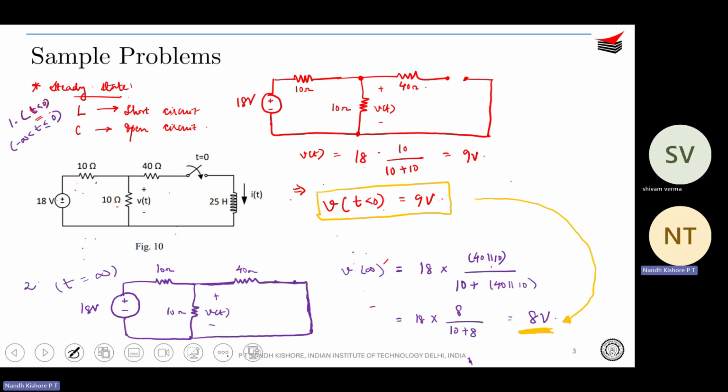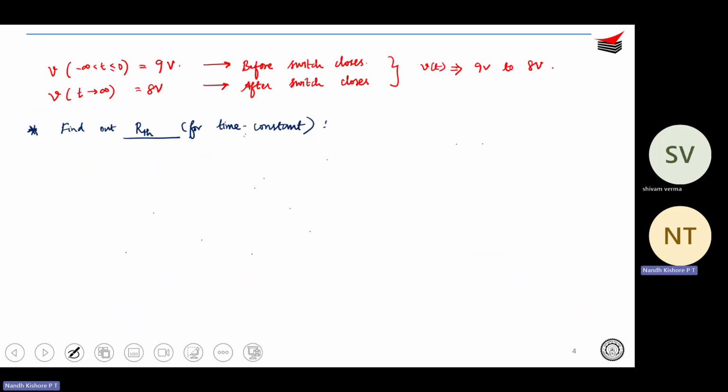In order to find out the R Thevenin, first thing we do is disable the voltage source and the current source. That is, disable independent sources. So what you do is you basically disable independent sources. Okay. What do we mean by disable independent sources?